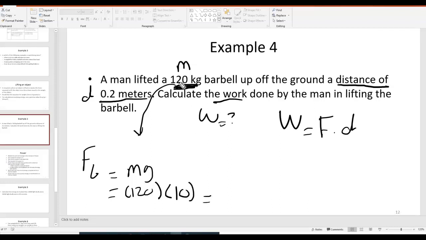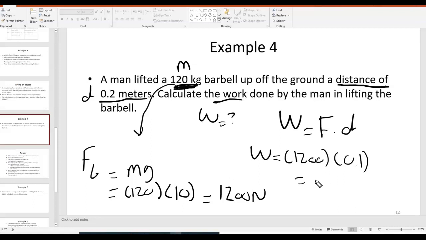To lift the 120 kilogram barbell, I need to apply a force of 1200 newtons. So there's my force. I have 1200 times the distance of 0.2, which equals 240 joules of work. That's how much energy the weightlifter transfers to the barbell when he lifts it up.